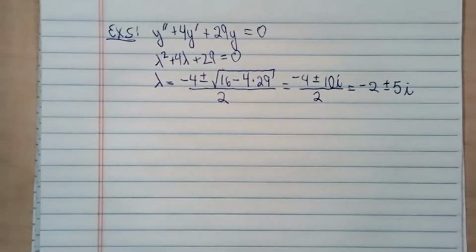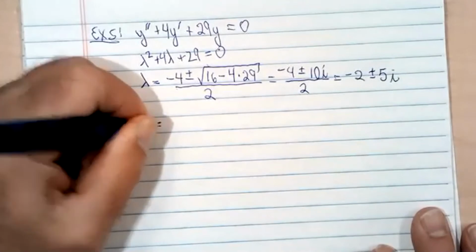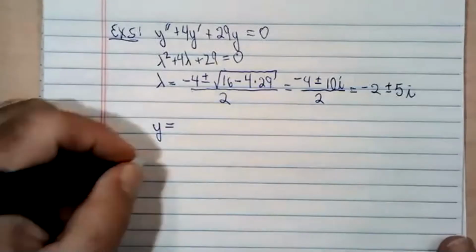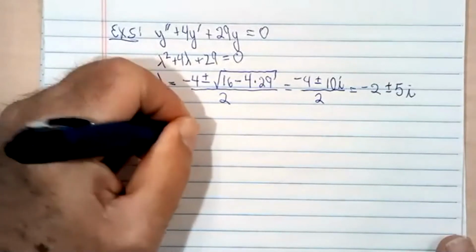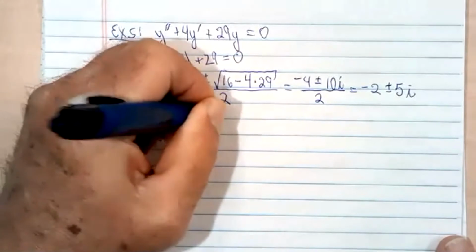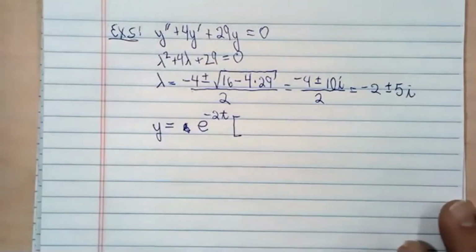Now, we can write down the solution to this second order equation in this way. Y equals e to the minus 2t when you have a complex conjugate pair.